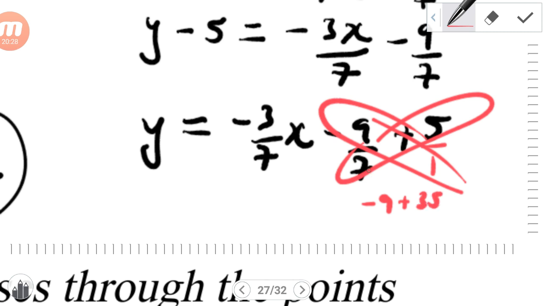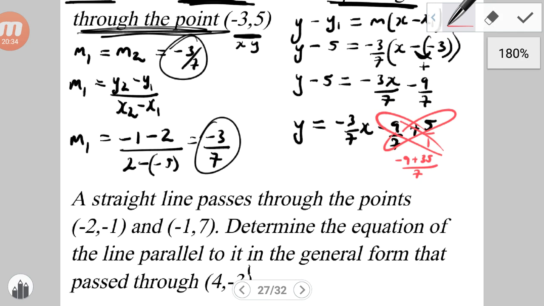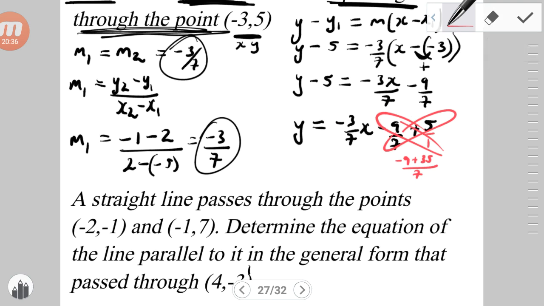That gives you the butterfly. And then simply now we just multiply the feet of the butterfly. That's going to be 7 times 1. So that's a method that I use to help me get the problem out quick and fast. Alright, so -9 plus 35, that's going to be 26/7. Alright, and so that's going to be my y-intercept.